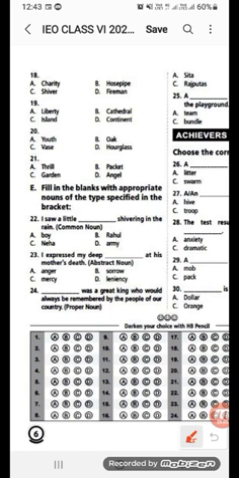So the correct option will be sorrow. When somebody dies, at that time we show our sorrow towards them. I expressed my deep sorrow at his mother's death. So the correct answer will be sorrow.